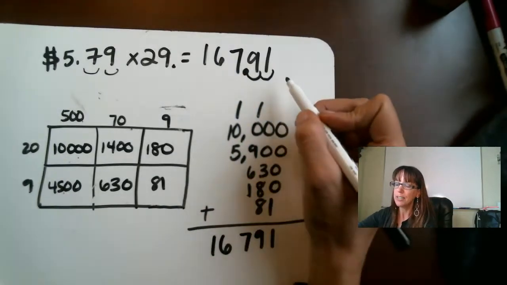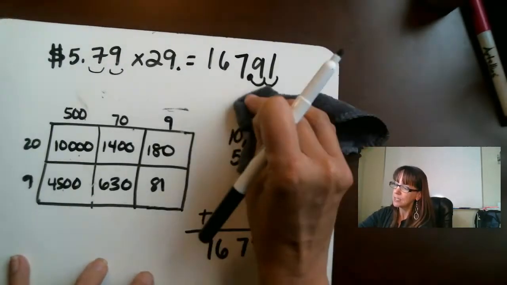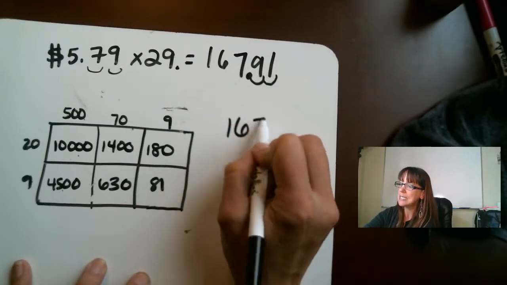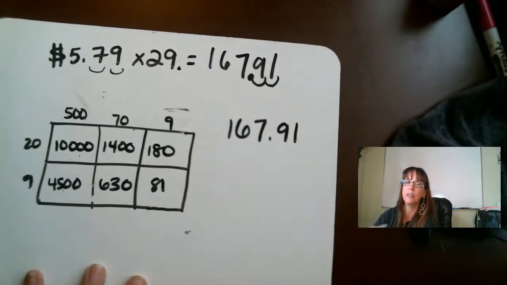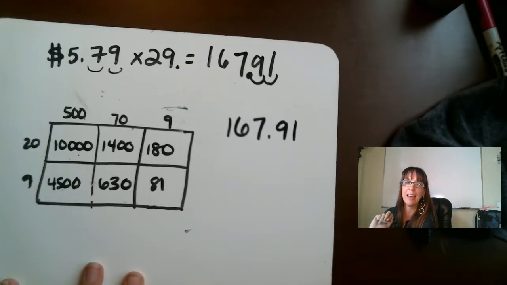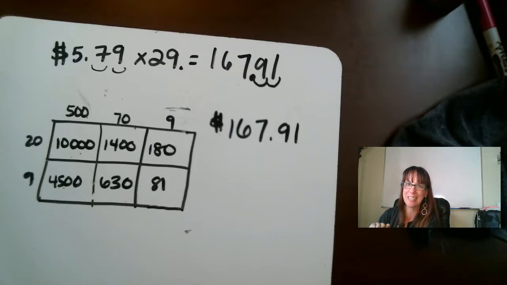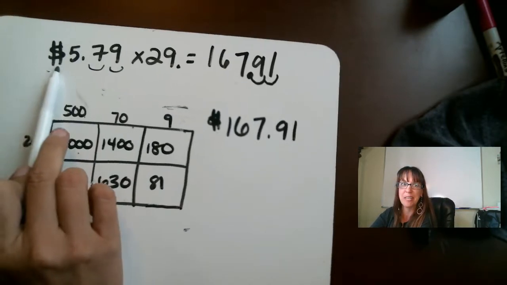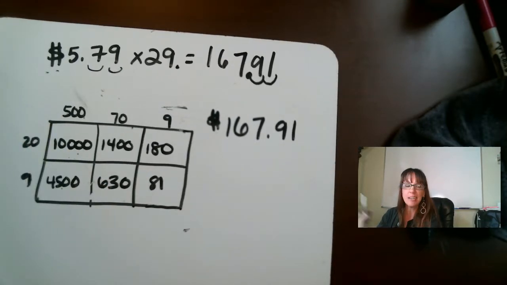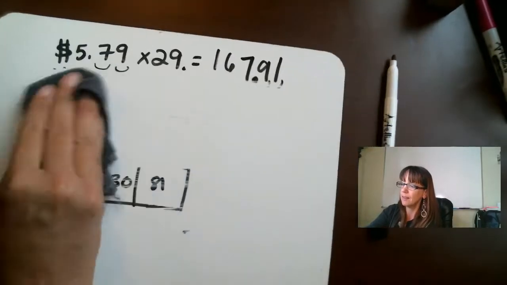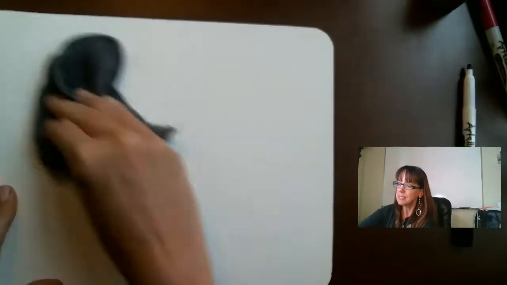So our answer is going to be, and now I'm going to erase this so you can see this, 167 and 91 hundredths. That is our answer. Oh, with the dollar, sorry. So that it's actually $167.91 because we have to deal with that dollar sign. Okay? So that's another way of multiplying. If you want to go back and do it the original way and you need help, let me know. All right. So that was the second example.